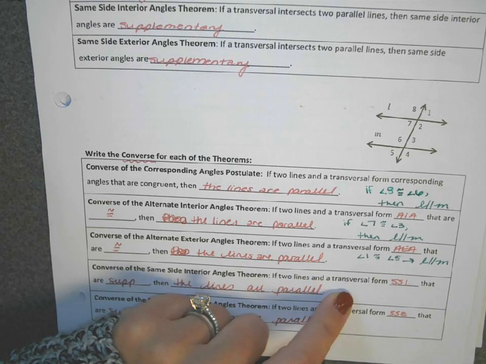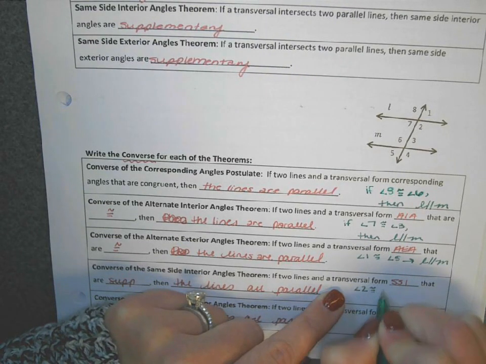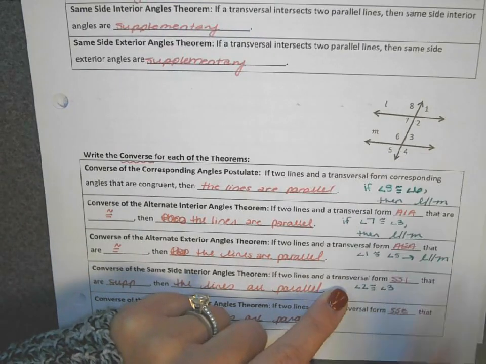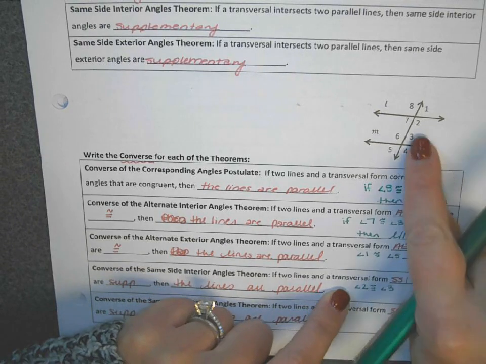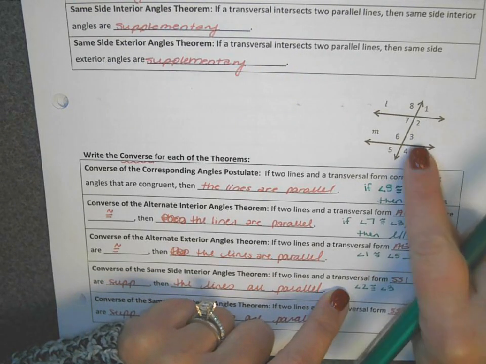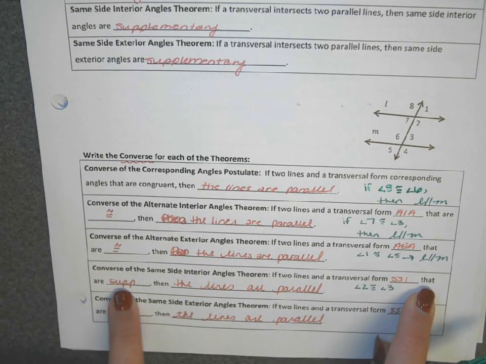Okay. But what about same side interior angles, like 2 and 3? What if I said that angle 2 is congruent to angle 3? What would that tell me? Nothing. Why? What do 2 and 3 have to be? They're same side interior angles that are supposed to be what?